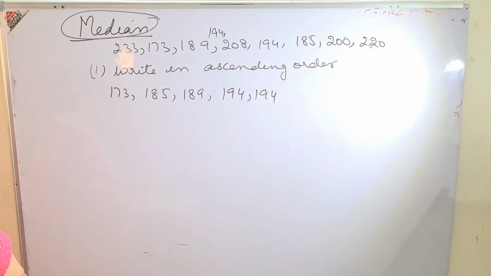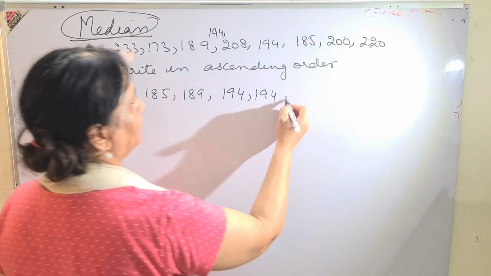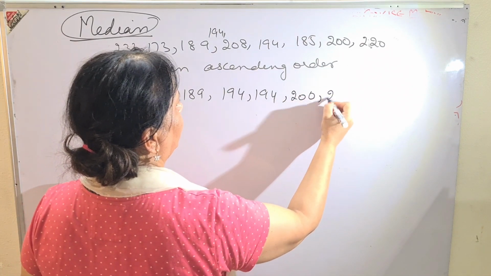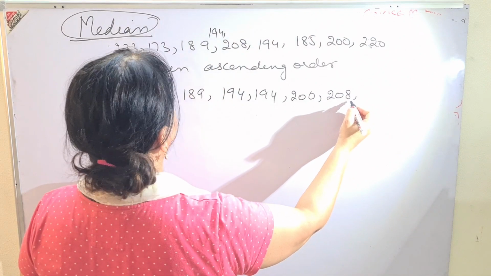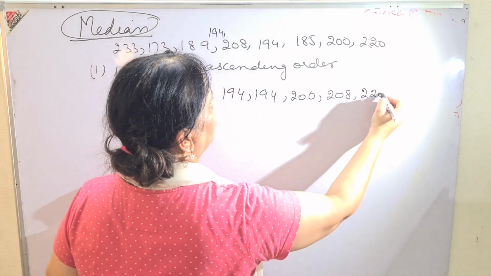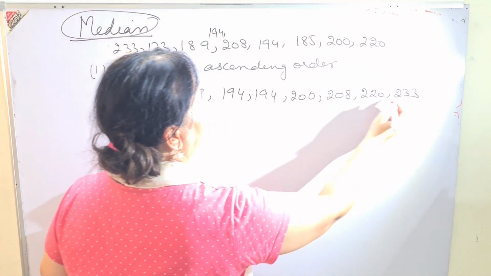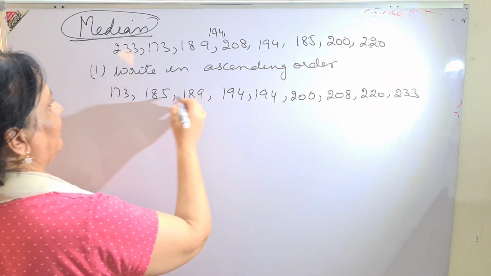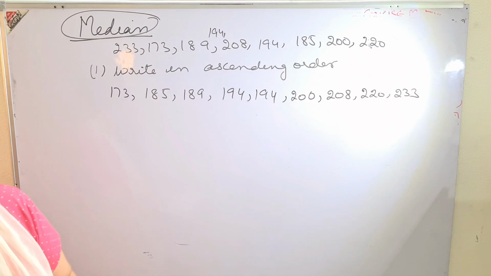If they are given twice, you have to mention twice. Then it is 200, 208, then of course 220 and 233. 1, 2, 3, 4, 5, 6, 7, 8, 9. I think I have 9 numbers.